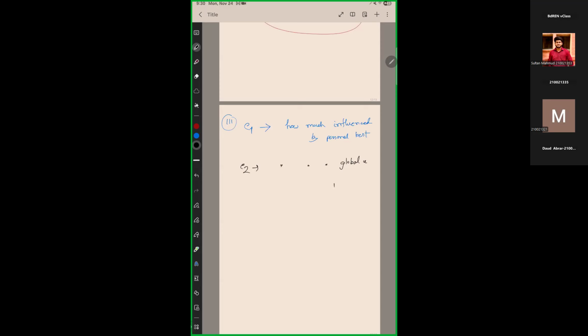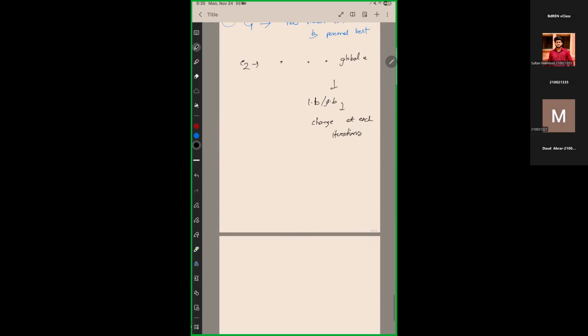Now you see this local best or global best, they are not fixed, they change at each iteration. Currently you have the global best somewhere, but in the next iteration, the global best can also change. So they are actually changing, and that's why the direction is also changing. So these two variables, C1 and C2, are going to control how much they are influenced, not R1 and R2. R1 and R2 are going to control the effect of these two.